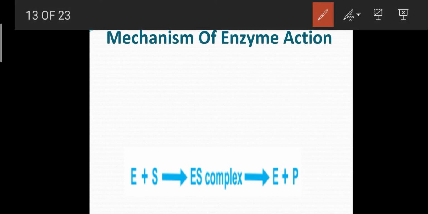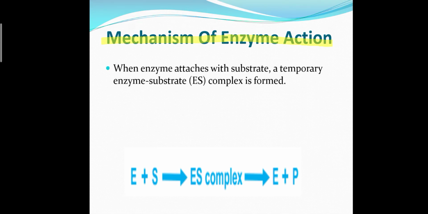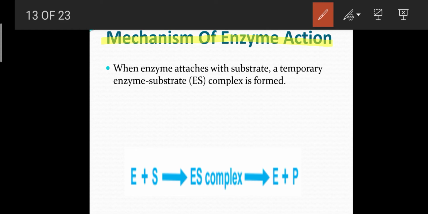What is the mechanism of enzyme action? When an enzyme attaches to the substrate, a temporary enzyme substrate complex is formed, which is known as ES. ES is the enzyme substrate complex.